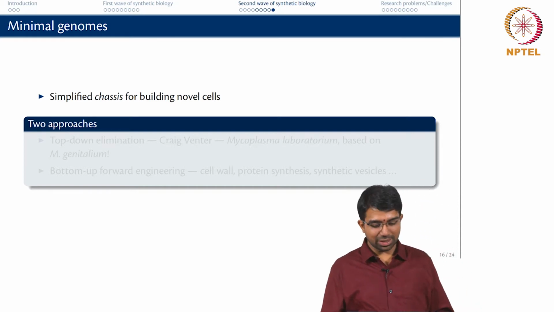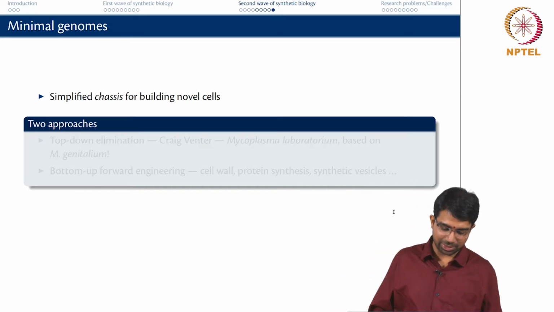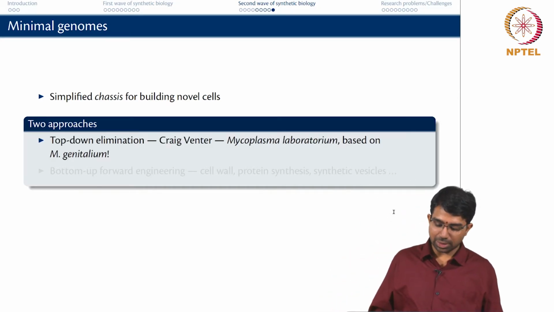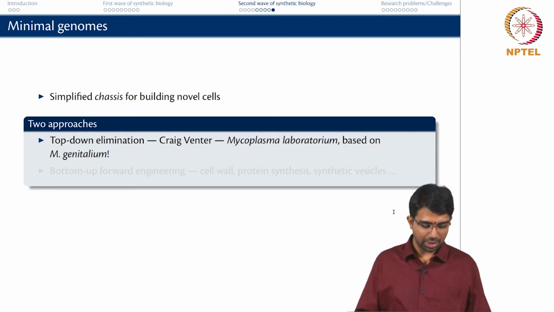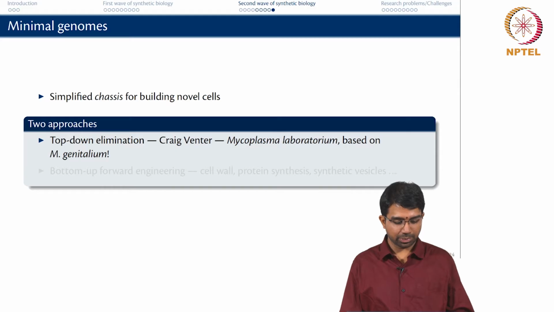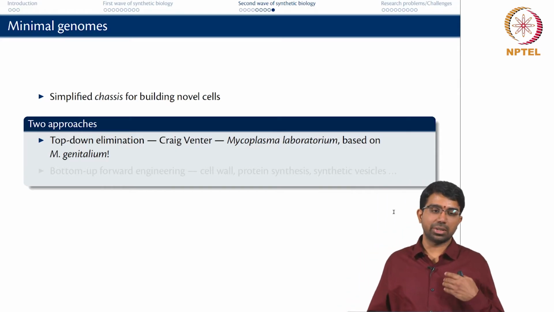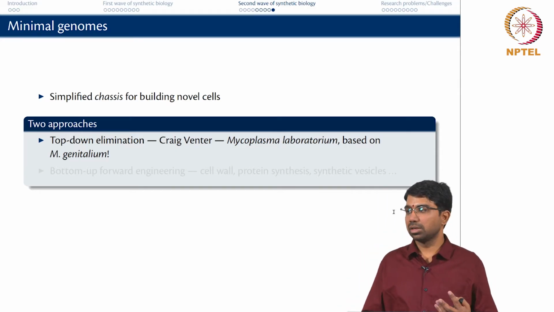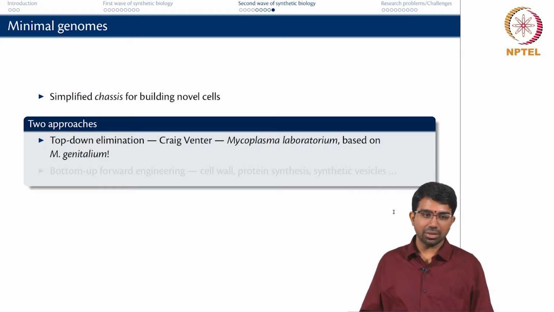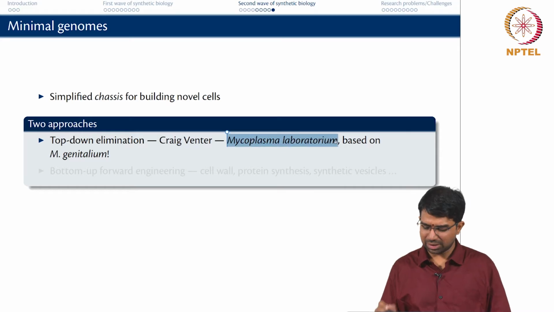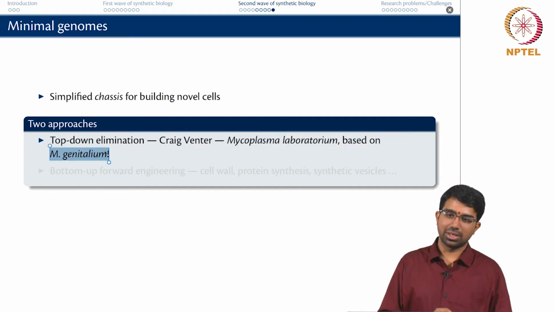And there are two interesting sets of studies that have been done. So, one is top down elimination, wherein there are groups which have been knocking out genes from different organisms, and then there is also Craig Venter, some of whose work is already published now, which talks about say Mycoplasma laboratorium based on Mycoplasma genitalium.